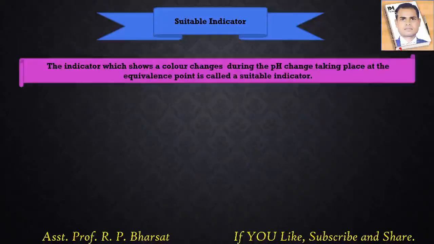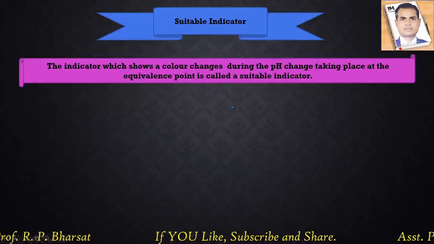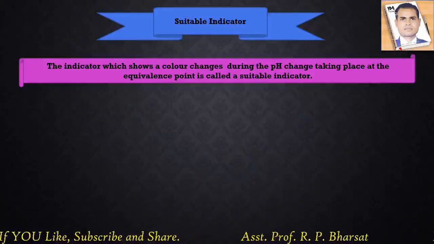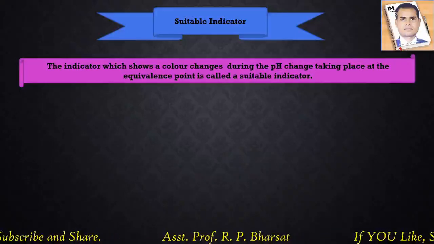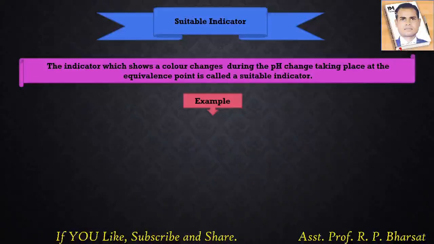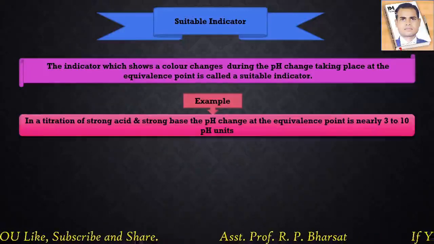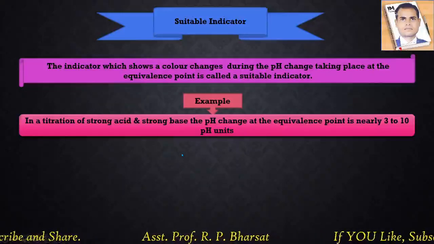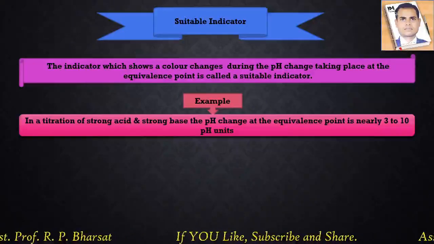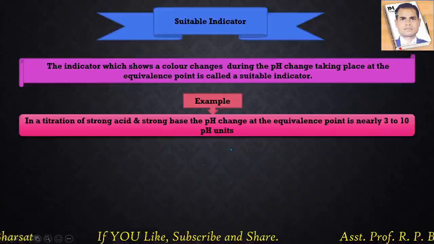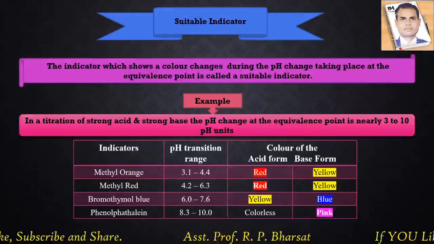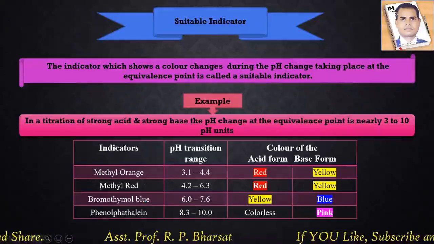Now the next term, that is suitable indicator. The indicator which shows a color change during the pH change at the equivalence point is called a suitable indicator. For example, in a titration of strong acid and strong base, the pH change at the equivalence point is nearly 3 to 10 pH units. You can see the table, where 4 indicators are given.